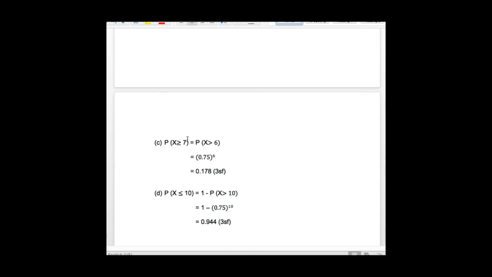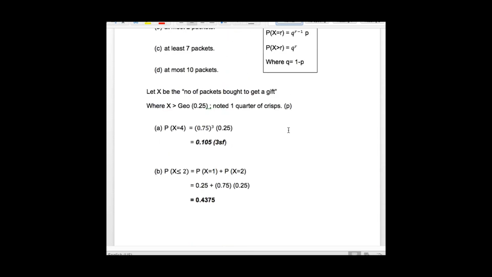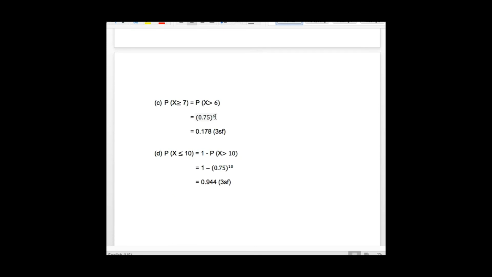We substitute the formula like this, and then we solve it and get 0.178, to 3 decimal points.